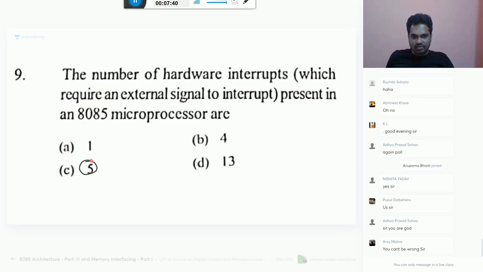Already discussed that. What are the 5 interrupts? TRAP, RST 7.5, RST 6.5, RST 5.5, and INTR. Okay. HOLD is DMA, not an interrupt.